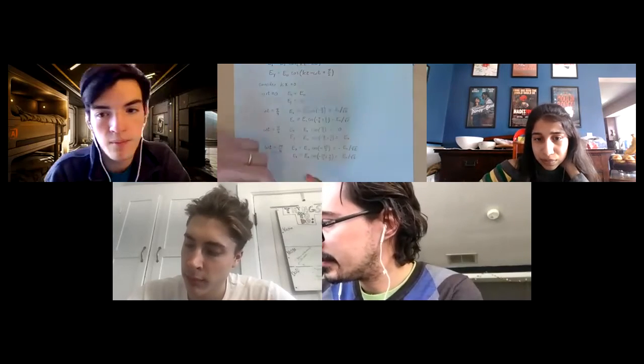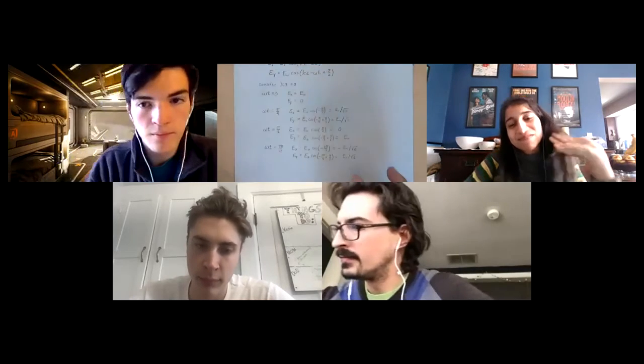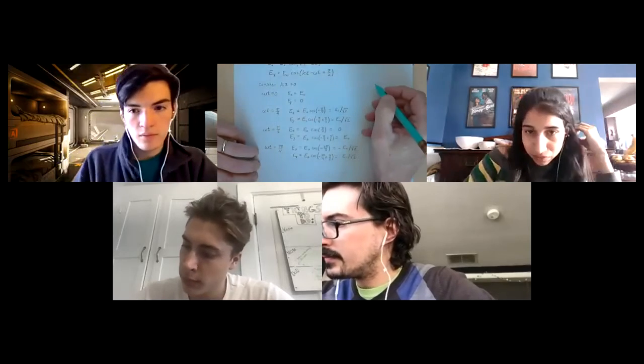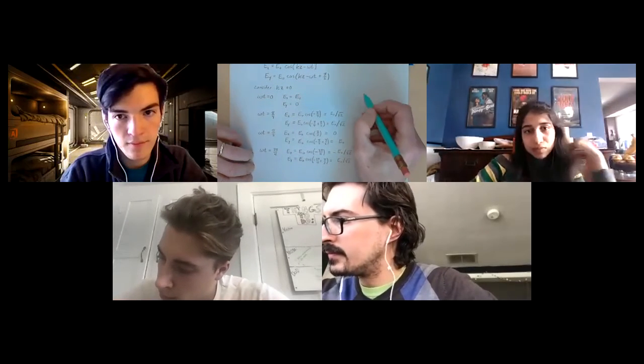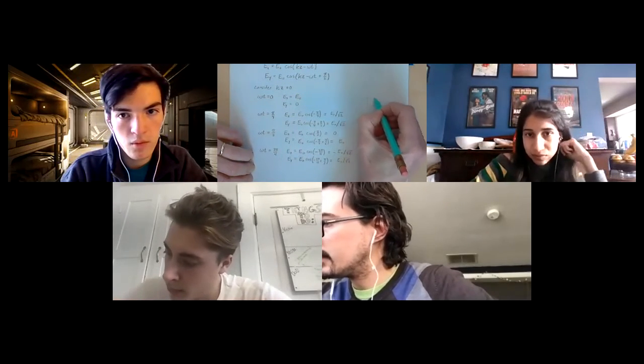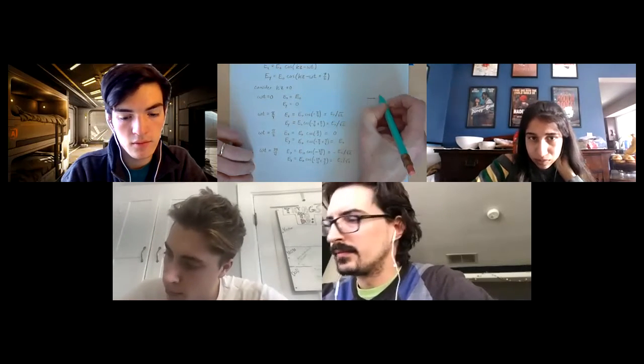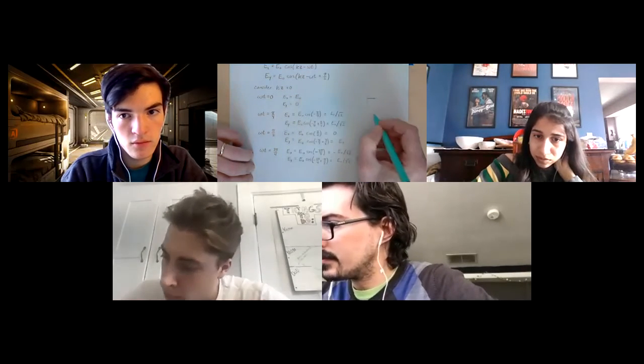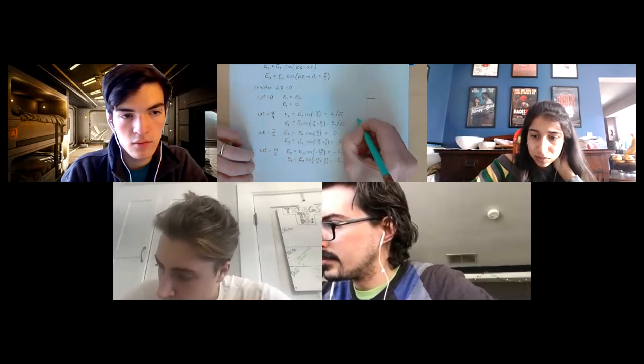Okay, that's enough now. We need to make some graphs to see what this looks like. So starting up here with the very first one, it's going to be just an x component of length E naught. Then over here, what have we got?